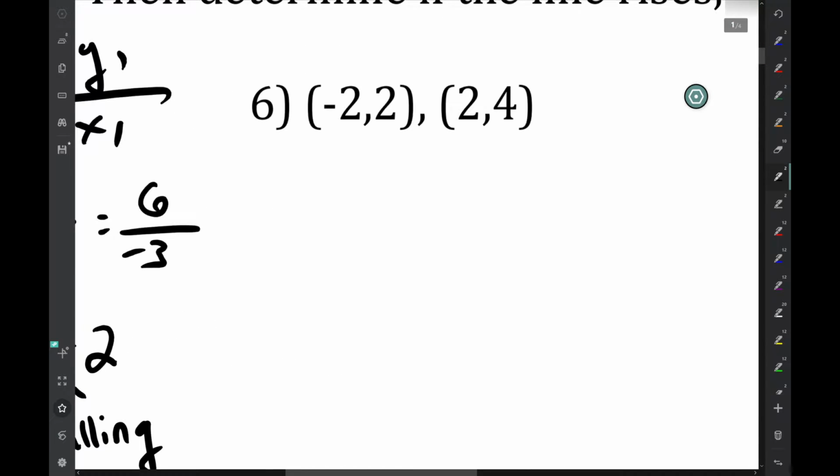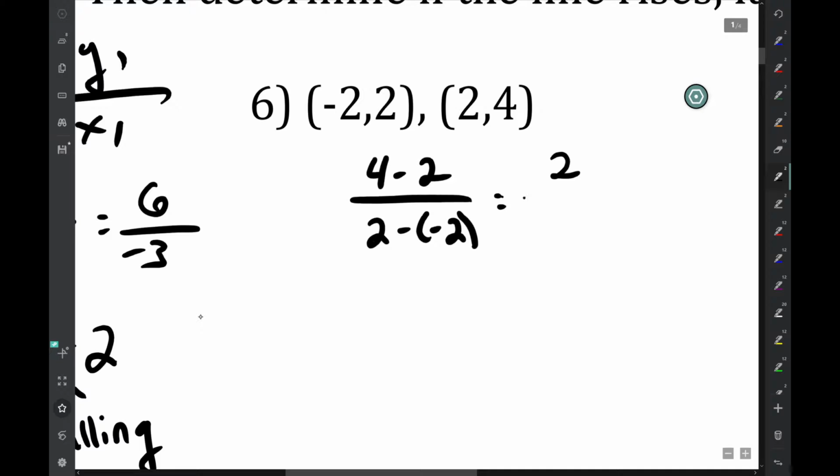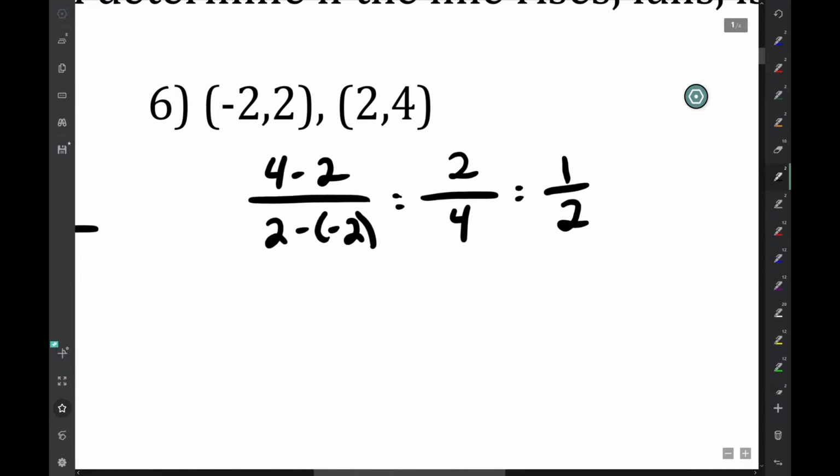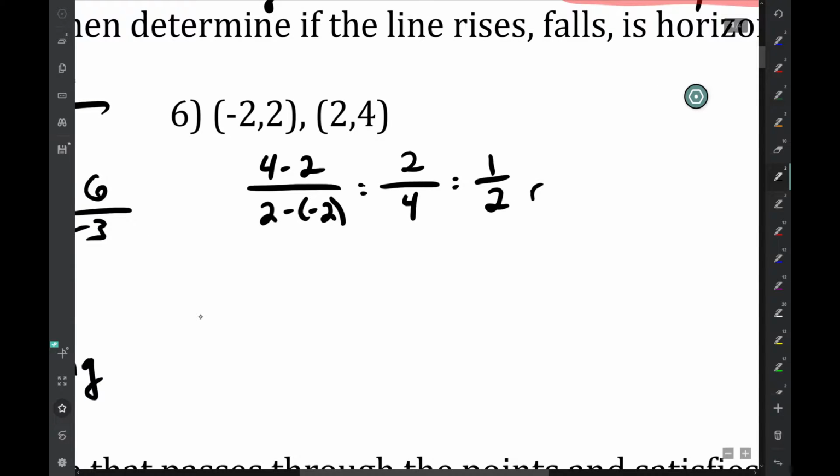Now again, using the slope formula, we have 4 minus 2 all over 2 minus negative 2. 4 minus 2 is 2 over 4. This is 1/2. And that means we have a rising slope because it's positive.